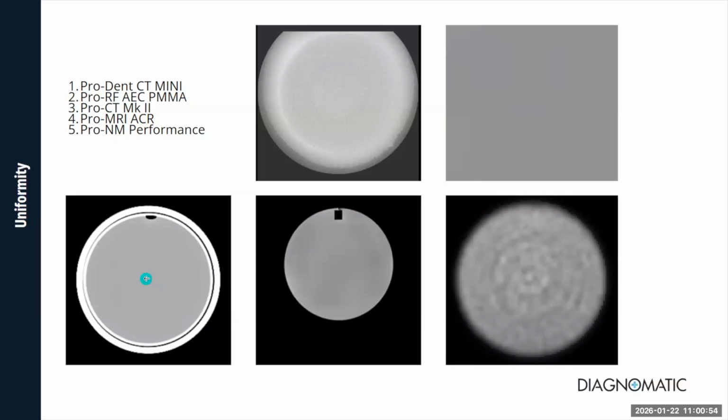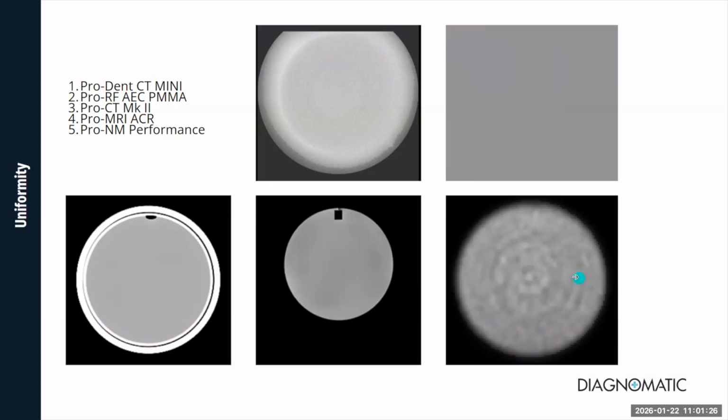In the Pro CT MK2, in the CT, we use the water filled model, so you can see a small water bubble here at the top. It's the most reliable part of the phantom, and medical physicists prefer the water filled model instead of resin solid water ones.